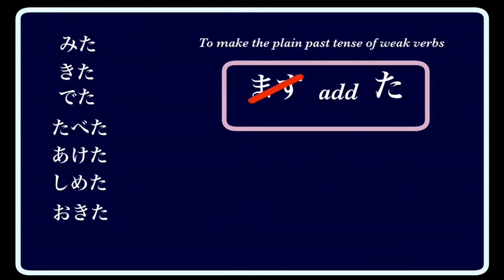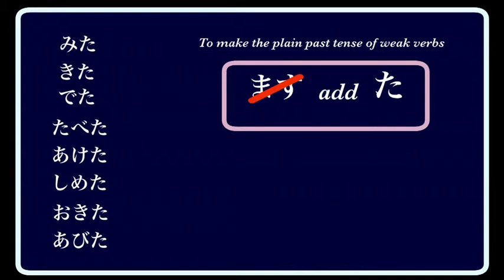Okimas, to wake up, okita, woke up. Abimas, to take a shower, abita, took a shower. Past tense in the plain form. So the rule for the weak verbs: remove the mas, add ta, and you have put the verb into the plain past.